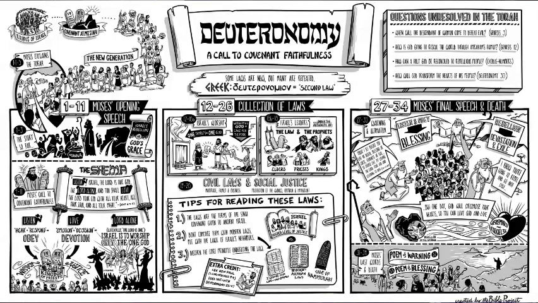Now, the English title, Deuteronomy, comes from the Greek Septuagint mistranslation of "copy of this law" in chapter 17 verse 18 of this book as "second law," which was rendered Deuteronomium in the Latin translation of the Septuagint, which is the Greek translation of the Hebrew Bible, the original Old Testament.